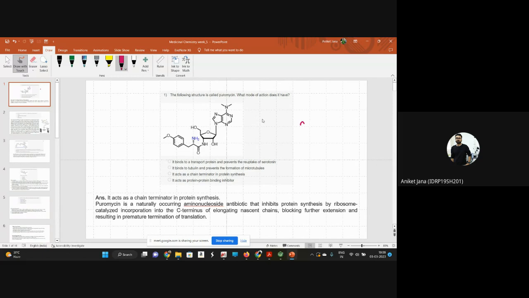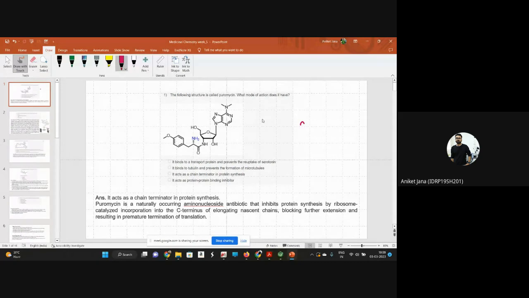What is transcription? The previous person said the formation of RNA. Okay, from DNA it forms a single-stranded RNA copy of a piece of the DNA.